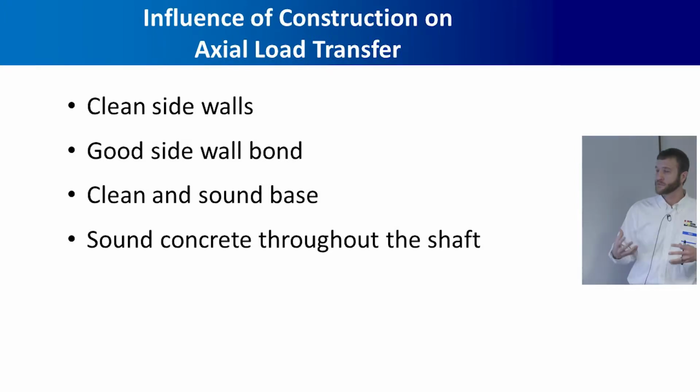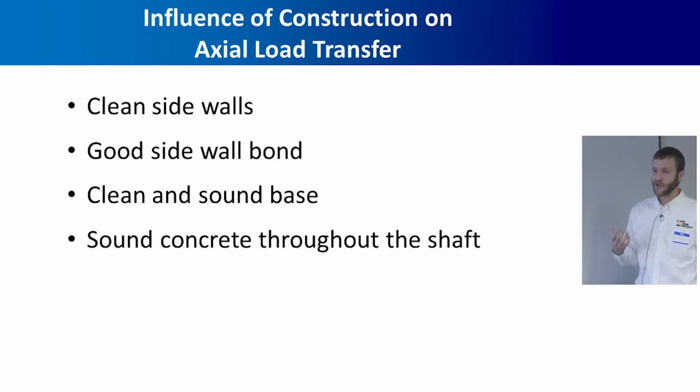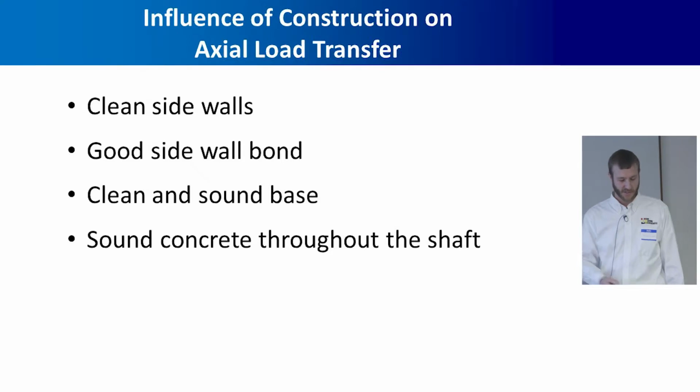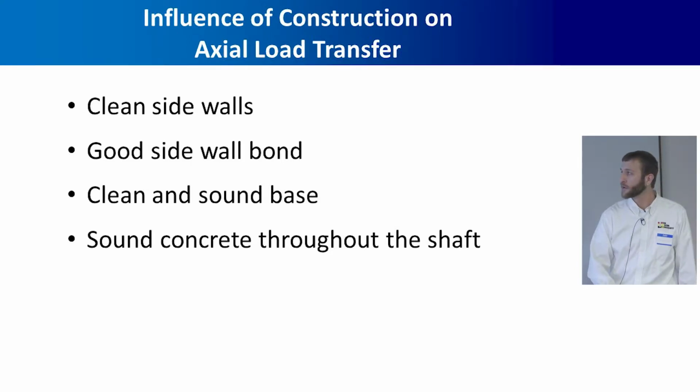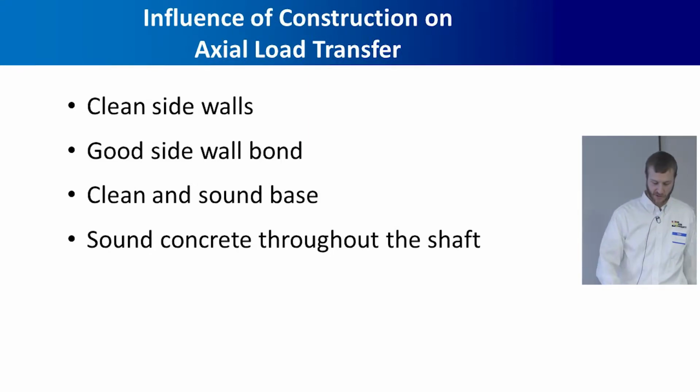So, as we said, construction can have a big influence on the performance of drilled shafts. We want to make sure that we have good, clean sidewalls so that we have a good sidewall bond, because we're going to count on that friction to hold up the shaft and the loads on it.